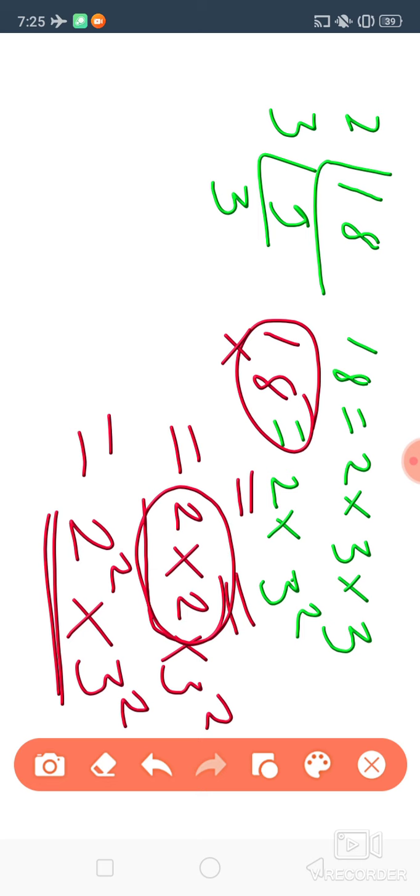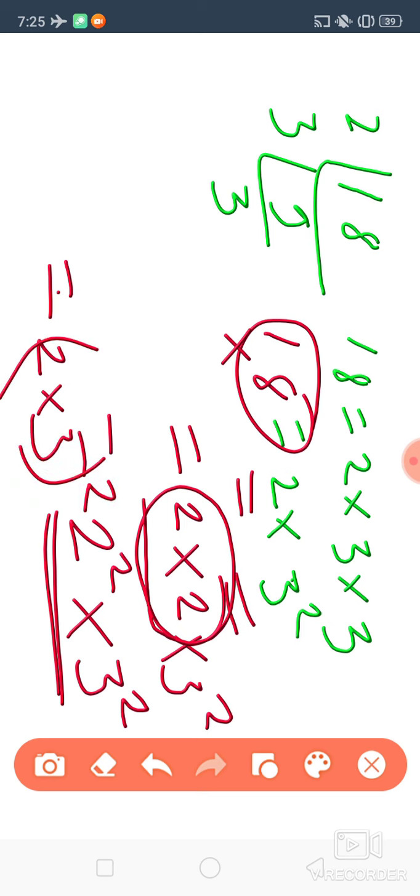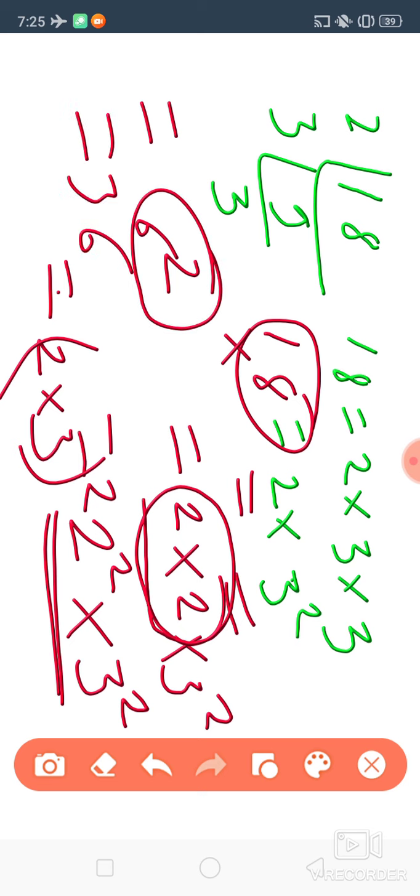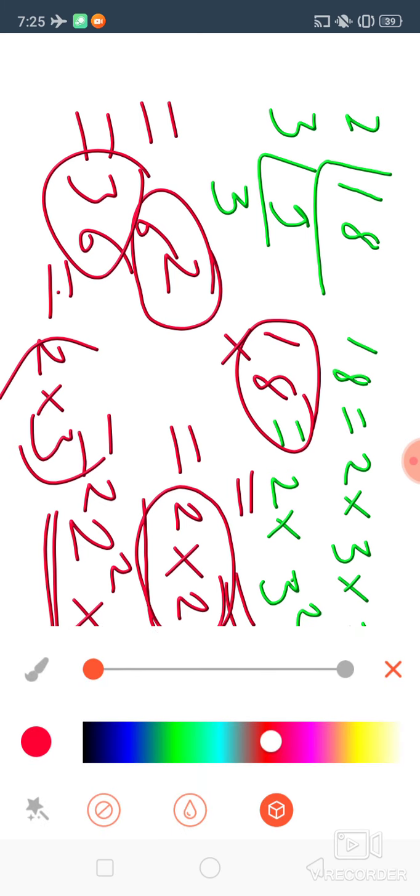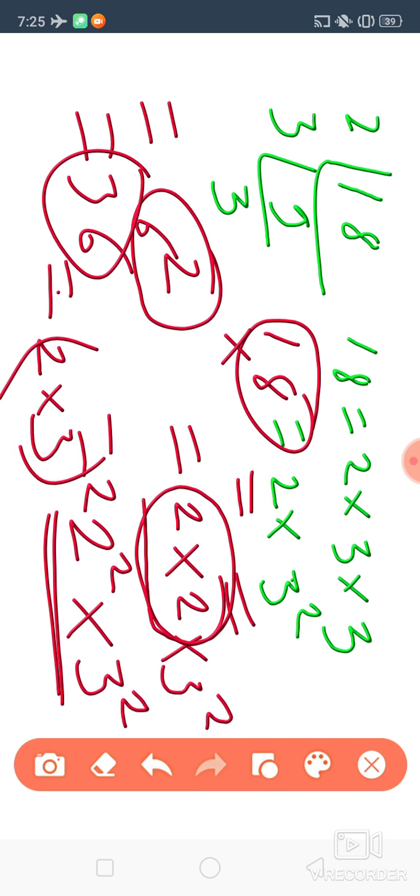So 2 square into 3 square, which we can write as (2 into 3) square, that is 6 square, which is 36. By what number are we multiplying so that it becomes a perfect square?